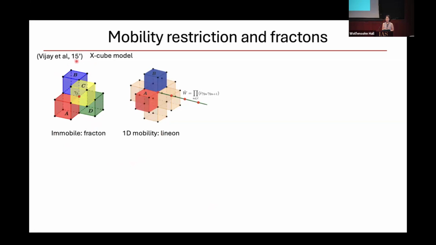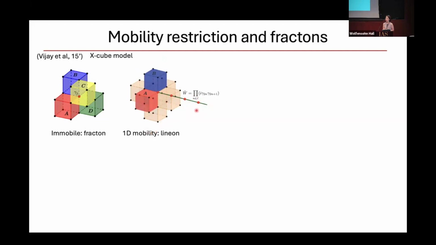In this model, the so-called X-cube model, which is a 3-dimensional, exactly solvable model, these group of people found that you can have a setting where you have an immobile particle that is completely immobile, that is a fracton. And sometimes you can have a fractionalized object that can only move along a line, although the model is defined in a 3-dimensional setting.